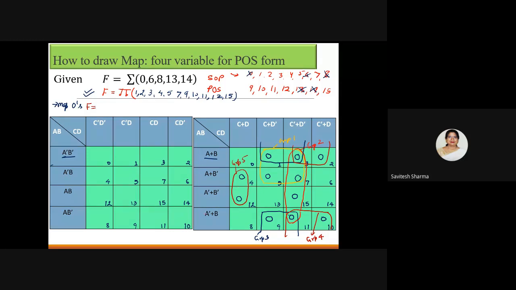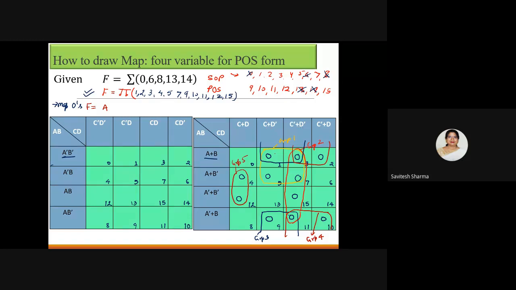Let me show you. Again, you will see the change, and you will only take that variable that is common. So here, if you are writing the expression for group 1, you just imagine that you are standing here and you are moving vertical. So which variable is changing? B is changing, A is common. So I am writing A. And now move horizontal. So what is changing? C is changing.